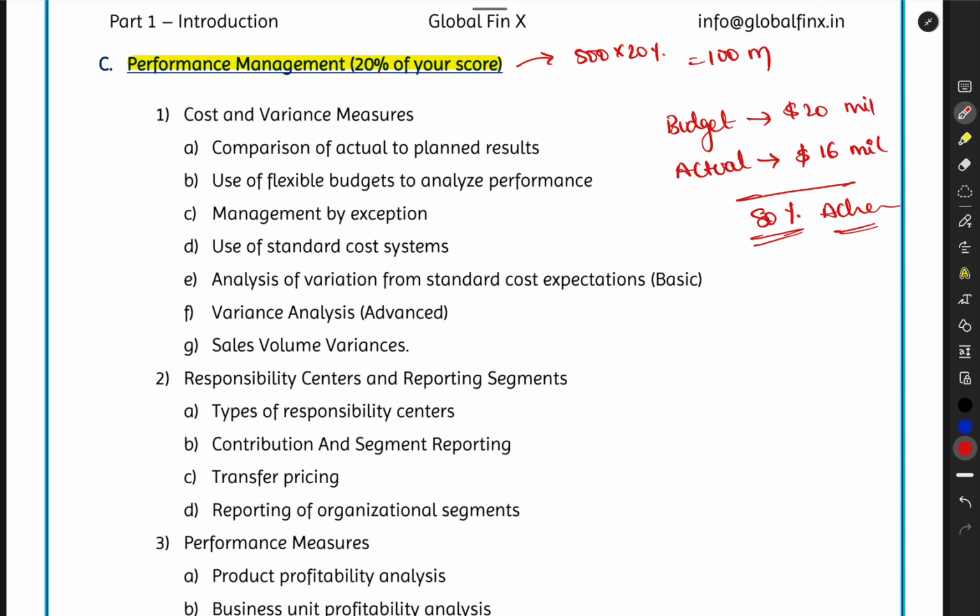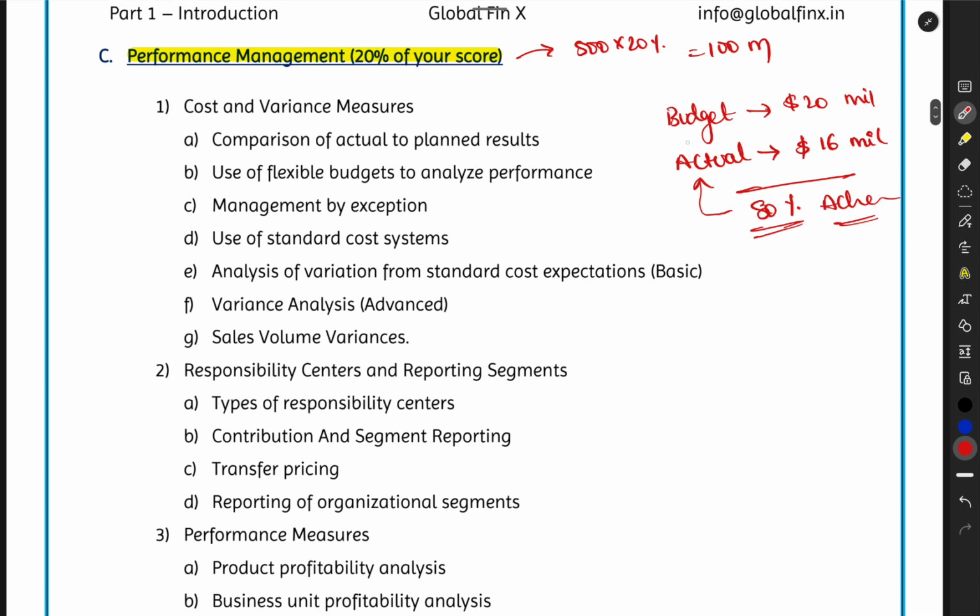The target was 20 million, you achieved 80% of that. 20 into 80% is 16 million. This is nothing but performance measurement. You're measuring your actual performance as a relative percentage of your budget or your target.